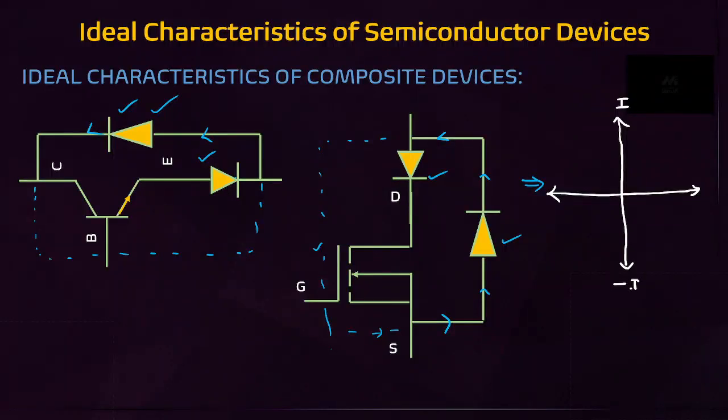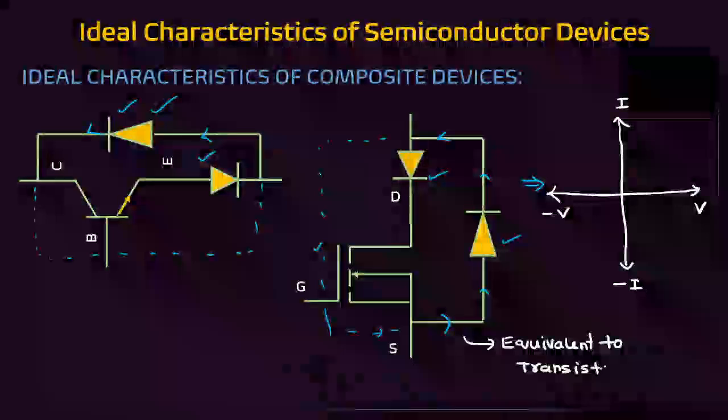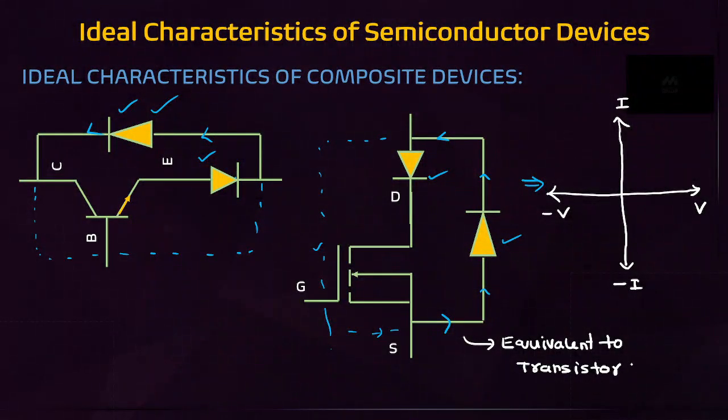This is I, this is minus I, this is V, minus V. This is equivalent to a transistor with anti-parallel diode.